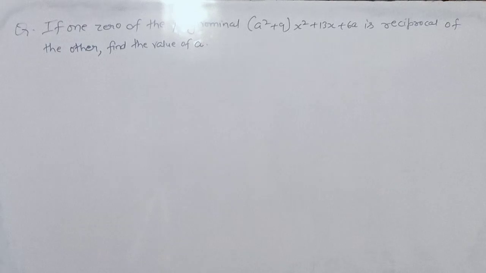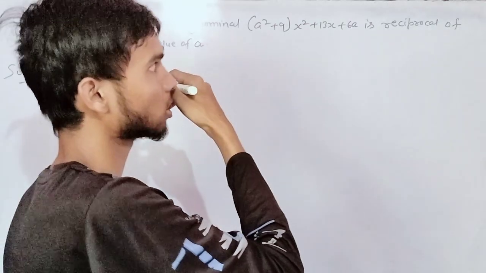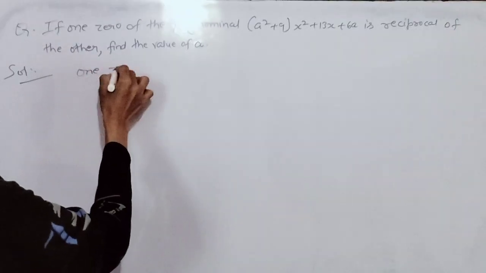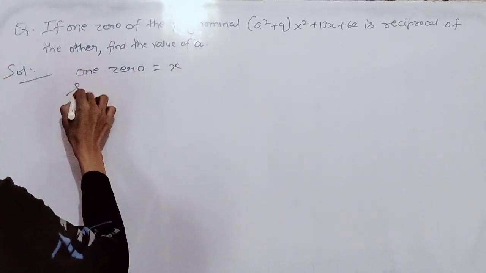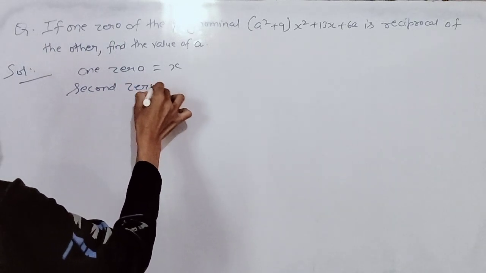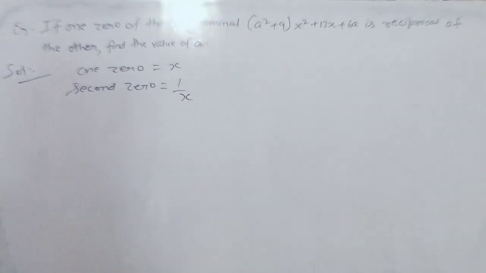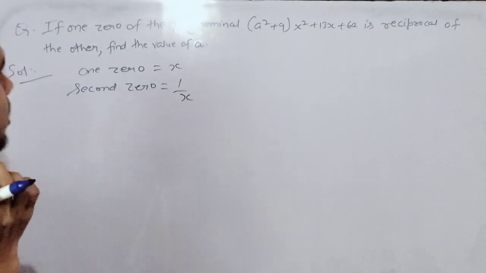What is this question asking? It is saying that one zero of this polynomial is the reciprocal of the other. So let's say one zero is x. The second zero will be its reciprocal, 1 upon x.